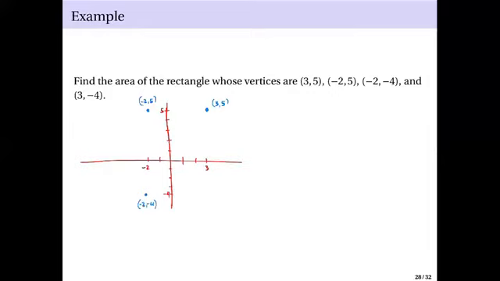And then finally, you have 3, negative 4. So you have the positive 3 for the x, negative 4 for the y. So the point, it's roughly here. So this is your 3 comma negative 4. And therefore the rectangle, it's just this guy here.